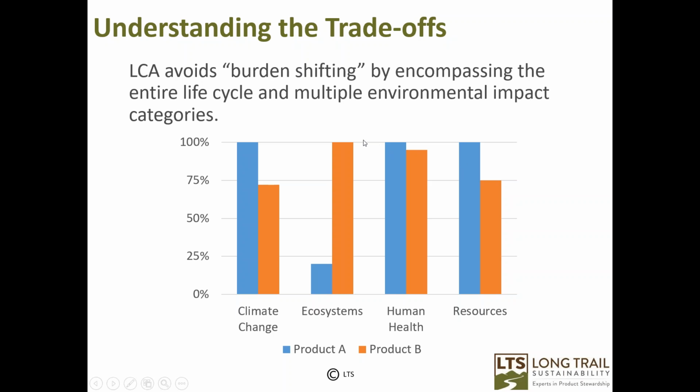However, it has fewer impacts in ecosystems. An LCA does not tell you which is the right or best choice. Your results may show trade-offs. And to make sense of it all, you will have to think about the values of your organization, what's important to your company, how can you reduce impacts, where are your opportunities?